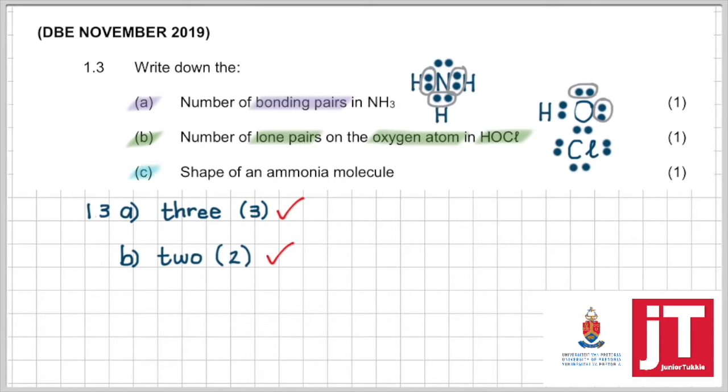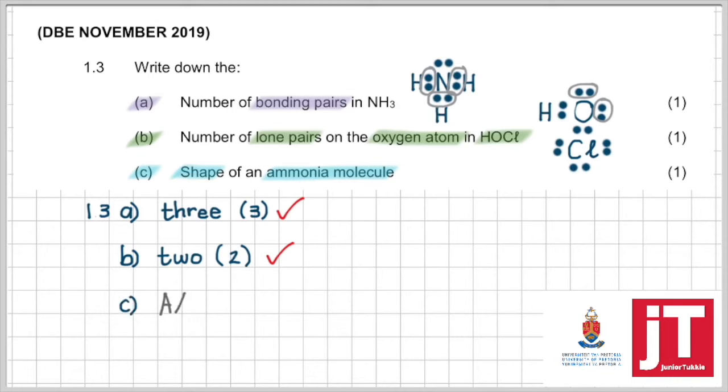In question C, we need to write down the shape of the ammonia molecule. We already have a diagram, the Lewis diagram of ammonia, which I've brought in from question 1.2. When you want to determine the shape of a molecule, you start off by drawing the Lewis diagram, and once you have the Lewis diagram, you complete the general formula.